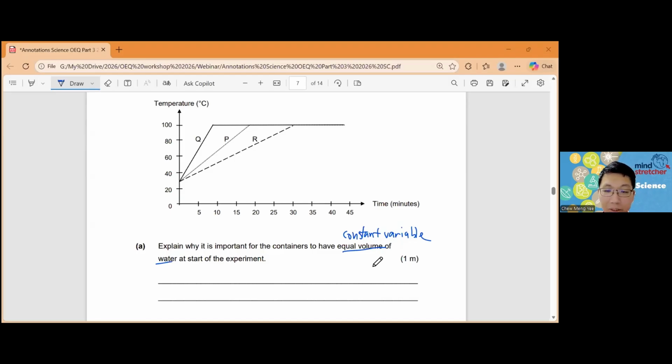Why are we keeping it the same? So you have to refer to the previous set on fair test. So how do we answer fair test questions? Remember your phrasing for fair test.